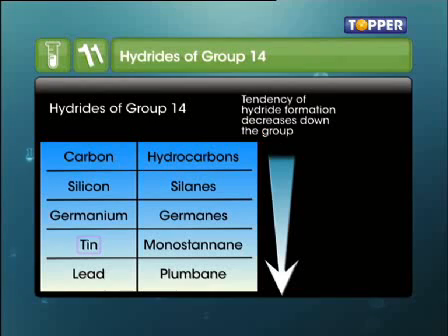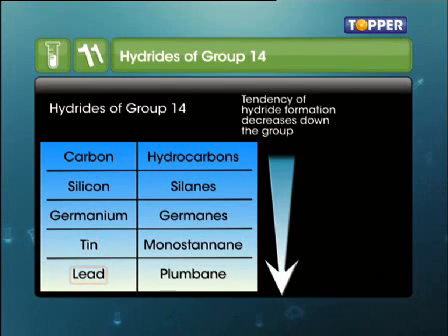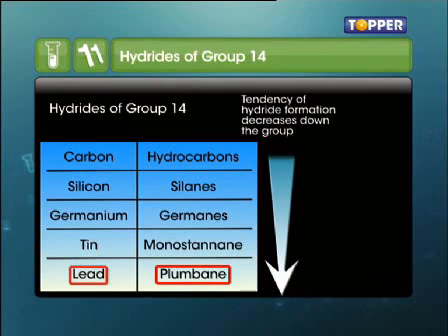Tin forms two hydrides, SnH4 and Sn2H6, out of which the more common one is SnH4, known as monostannate. And the last element, lead, forms only one hydride, plumbane, which is difficult to prepare.